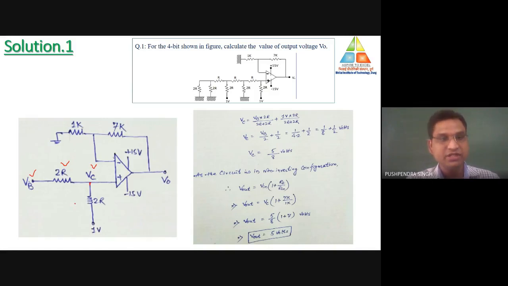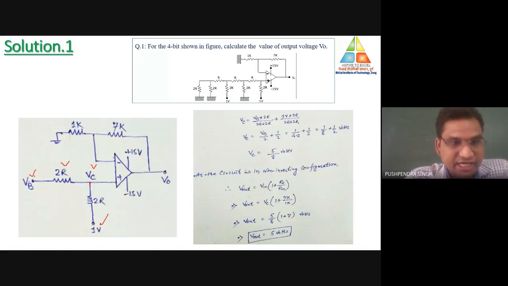VC will be what? Now the effect on VC will be from the 1 volt voltage source and VB, both. Why? Because none of the terminals is connected to ground. So the effect on VC will be from the 1 volt voltage source and VB, both voltage sources.